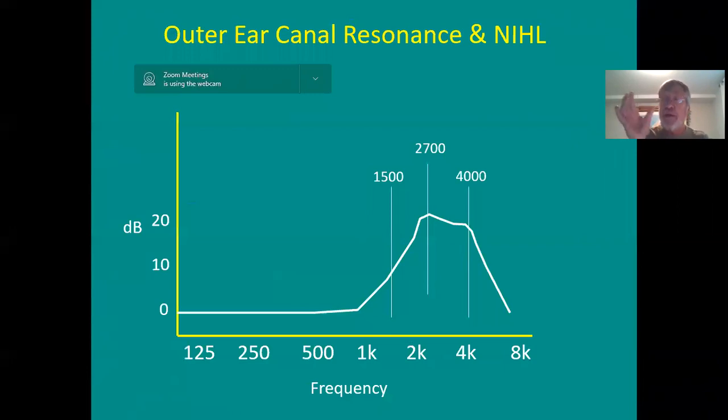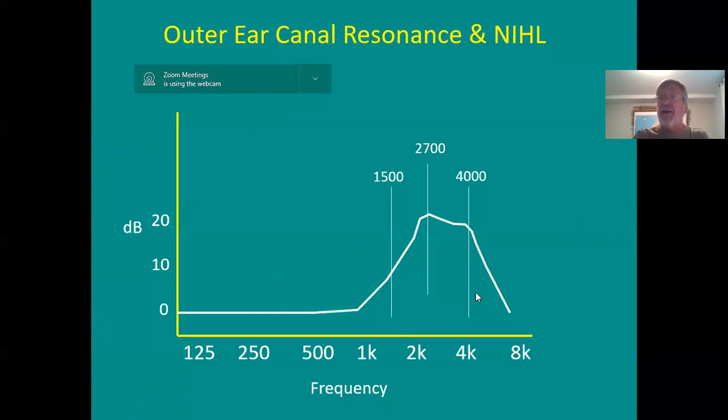Wavelength equals speed of sound over frequency. Just like 5 equals 10 over 2 and 2 equals 10 over 5, same thing. All you're doing is a little formula. And you come up with the fact that the ear canal being about 1 inch long or 2.5 centimeters long is going to resonate with sounds that are about 3,000 to 4,000 hertz.